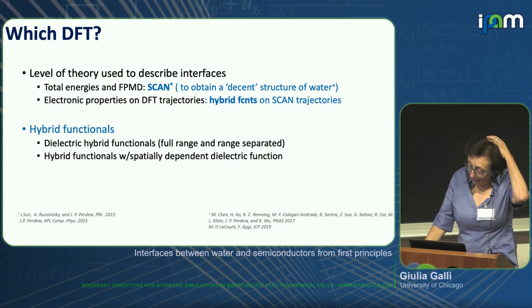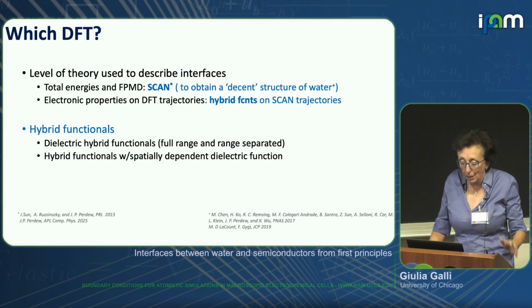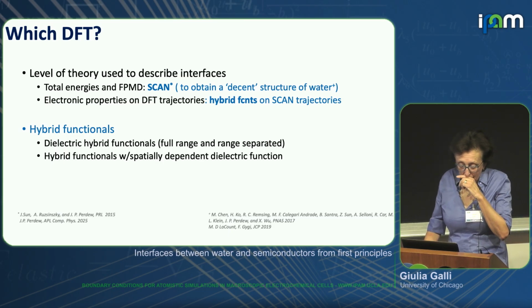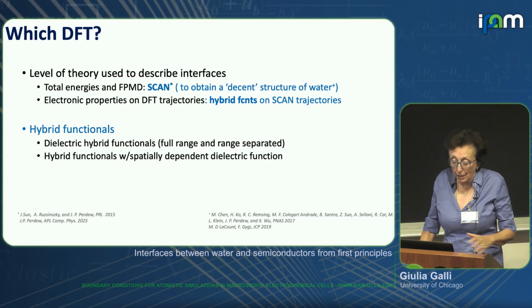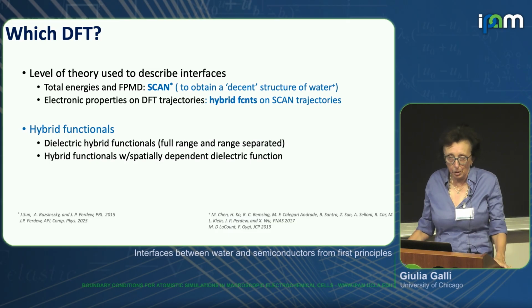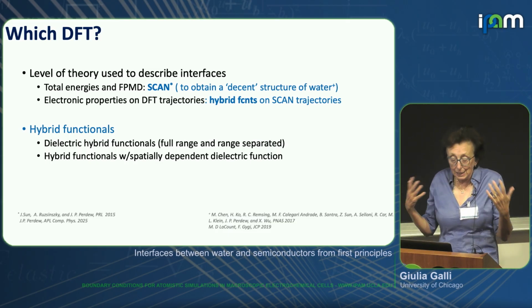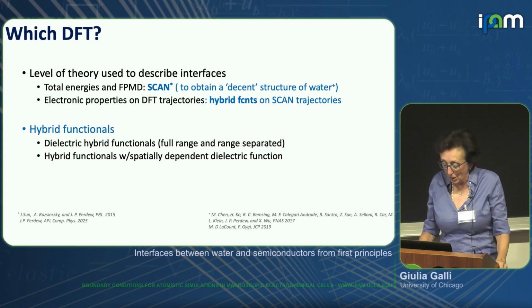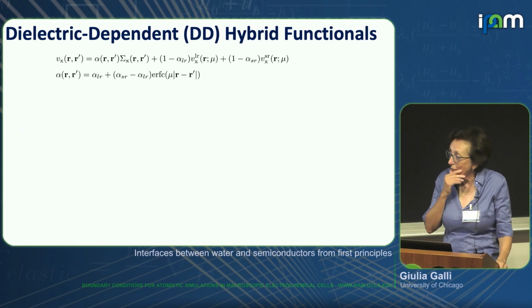Let me tell you about a development on hybrid functionals that we have come up with recently. You know, zillions of people have worked on hybrid functionals. I'll tell you about my work, but of course there is a lot of work out there.